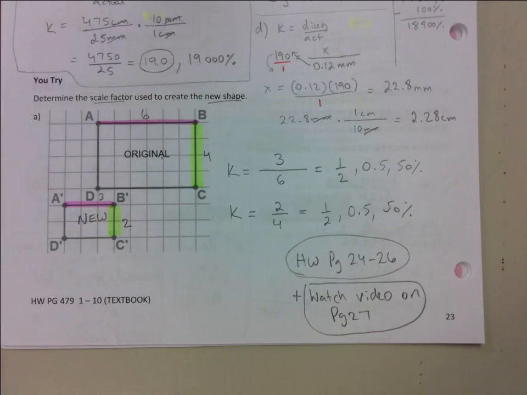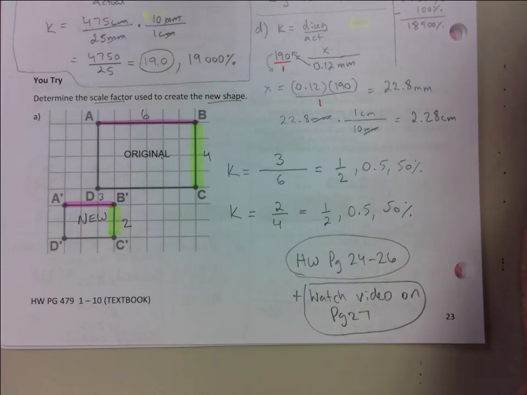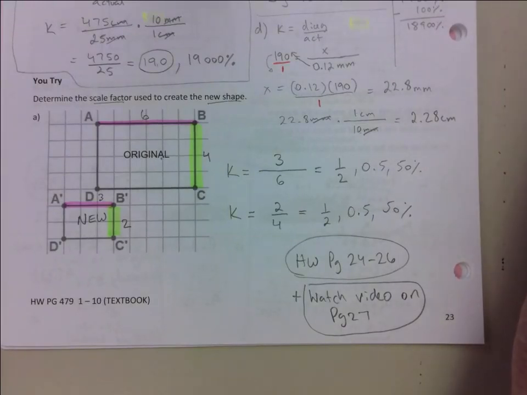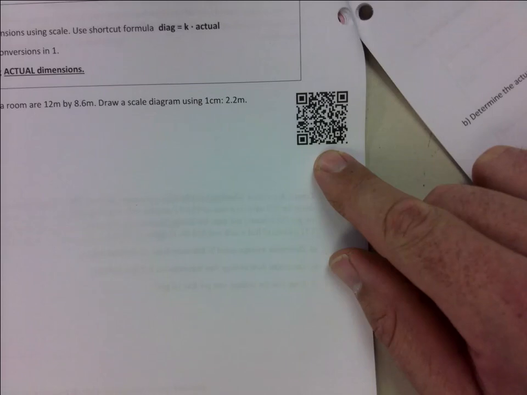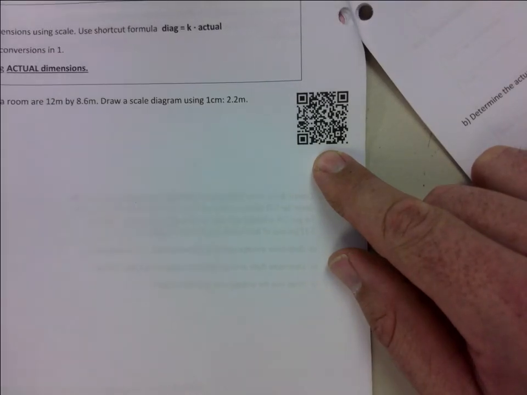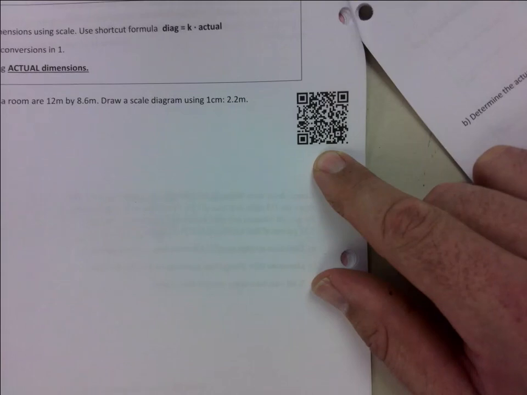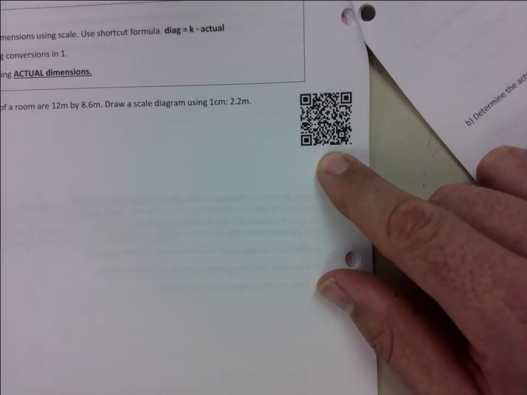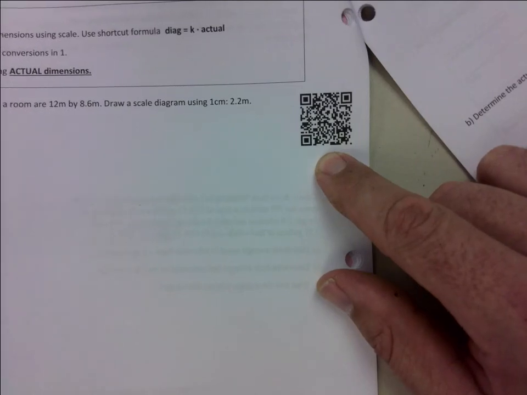And if you thought you had a cool teacher because of 6-7, right, making it into my lesson, I'm even cooler than that, okay? So watch this. If you go to 27, you have a QR code. I think it's pretty cool. If you scan that, it's going to take you straight to the video. So you don't even have to look it up on Google Classroom or anything like that.